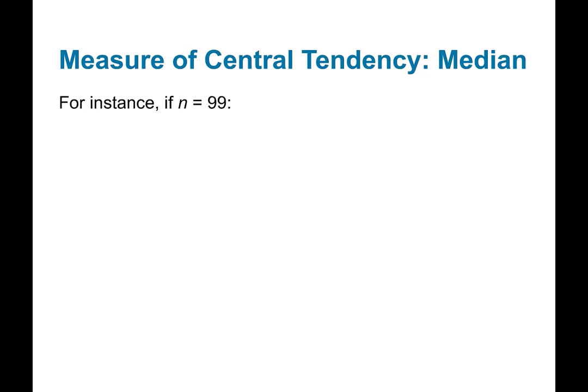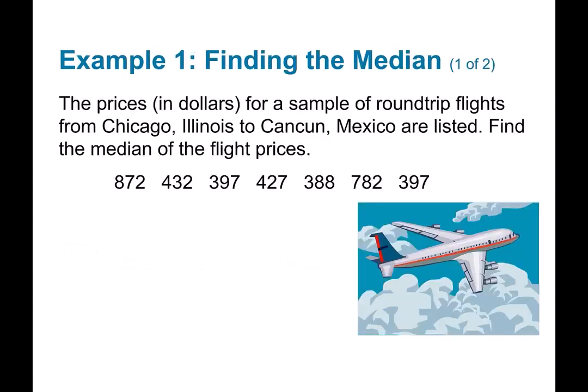So let's go back to our flights to Cancun, and let's find the median of those flight prices. The first thing we need to do, since we're talking about median, is order our prices. It doesn't matter if you go from smallest to largest or largest to smallest, as long as it's in numerical order.